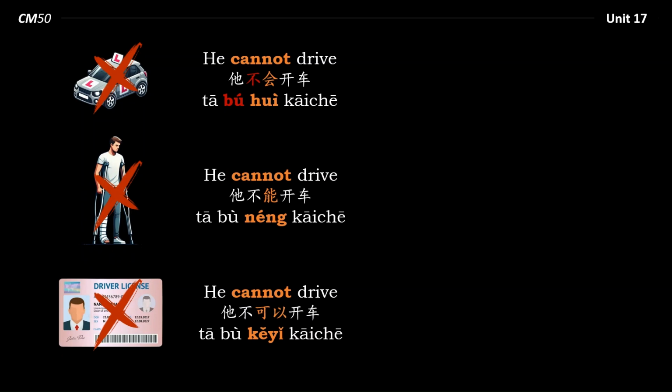What does each one mean? 他不会开车. This is to do with learned ability. He has not learned how to drive, and therefore he cannot do it. 他不能开车. This relates to circumstances. He has broken his leg, and therefore he cannot drive. And lastly, 他不可以开车.